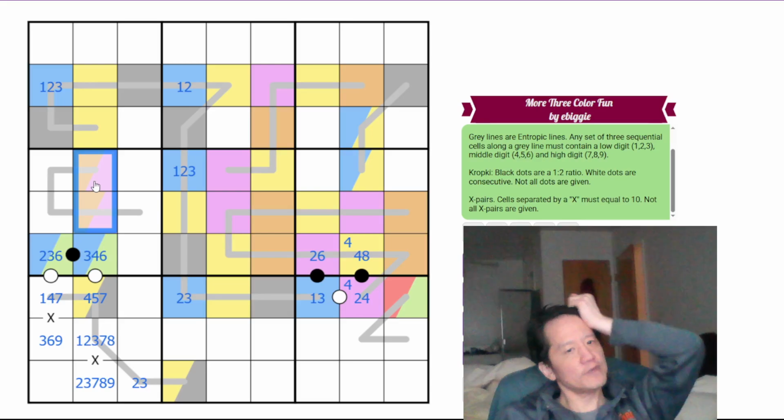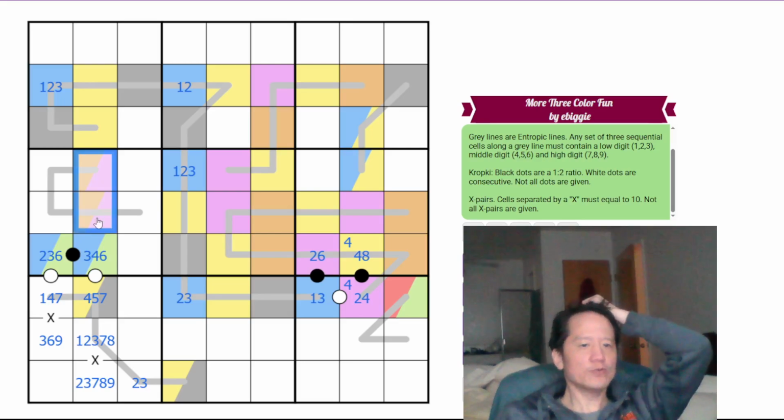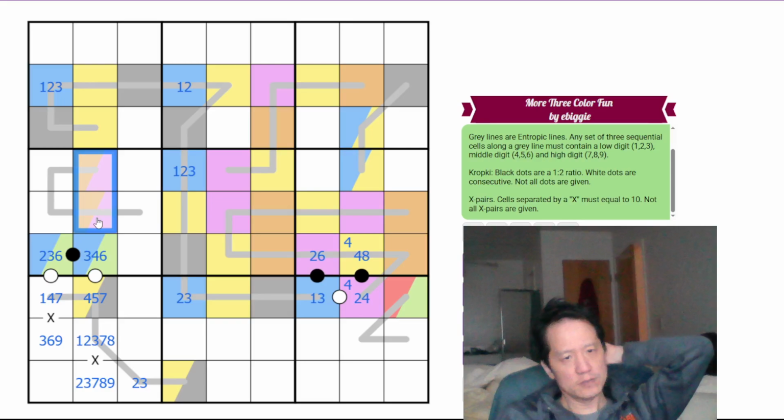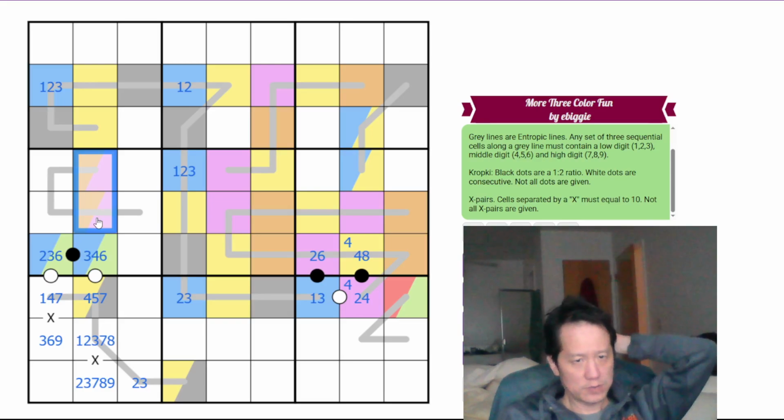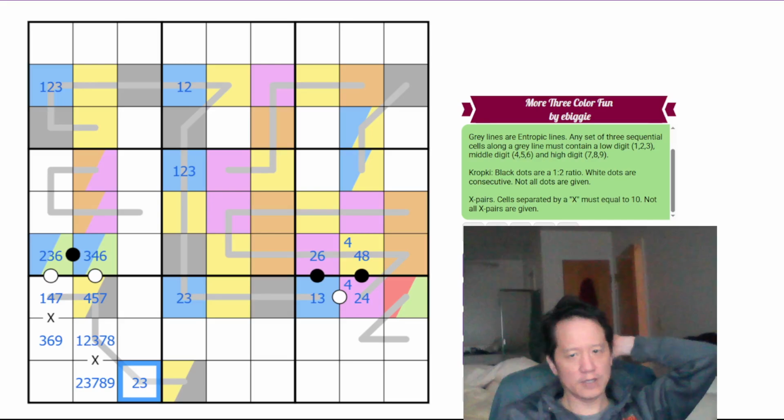So one of these would then, these would both be orange? This is 2, 3, or it could be any combination of things. We don't know about that.